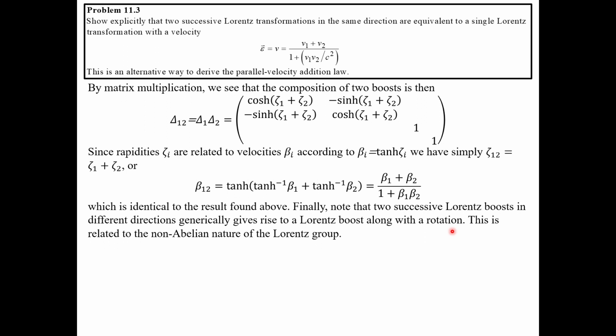And since rapidities zeta i are related to velocity beta i according to beta i equals tanh zeta i, we have simply zeta 12 equals zeta 1 plus zeta 2. Or beta 12 equals tanh of (arctanh beta 1 plus arctanh beta 2), which equals (beta 1 plus beta 2) over (1 plus beta 1 beta 2), identical to the result found above.